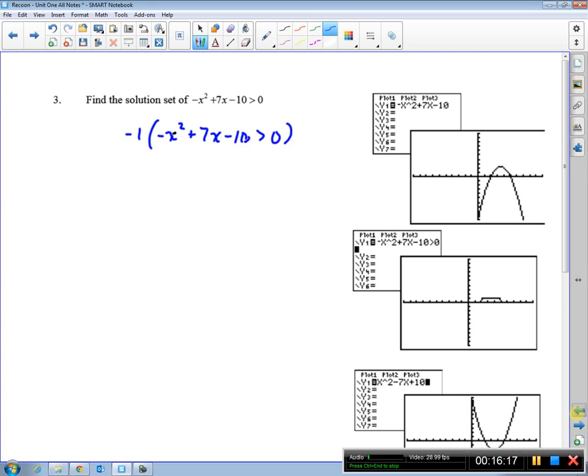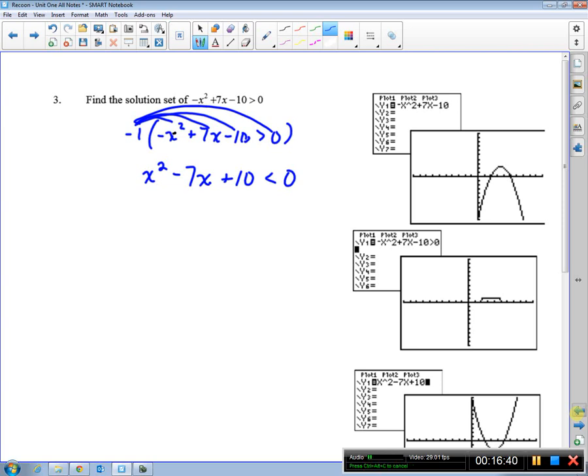If we multiply or divide by a negative with an inequality, you know it's going to flip the sign. So we're going to get x squared minus 7x plus 10. We're going to flip our inequality, and -1 times 0, of course, is still 0.